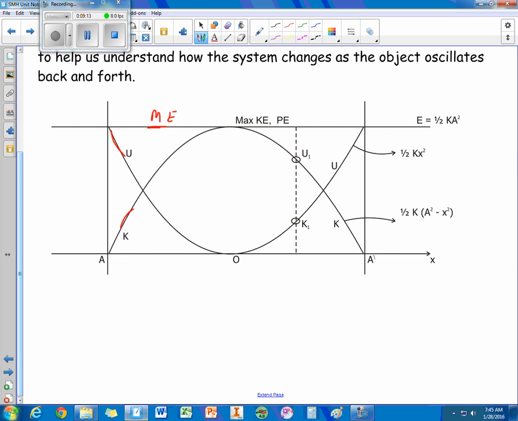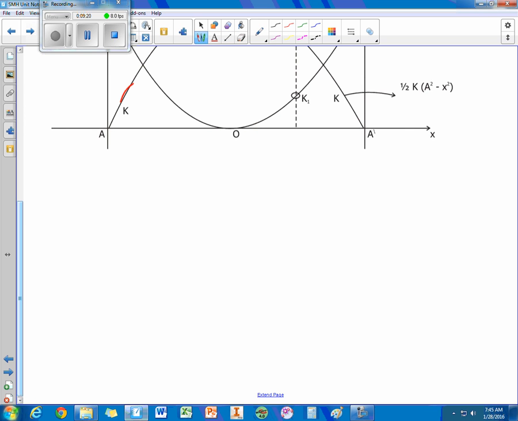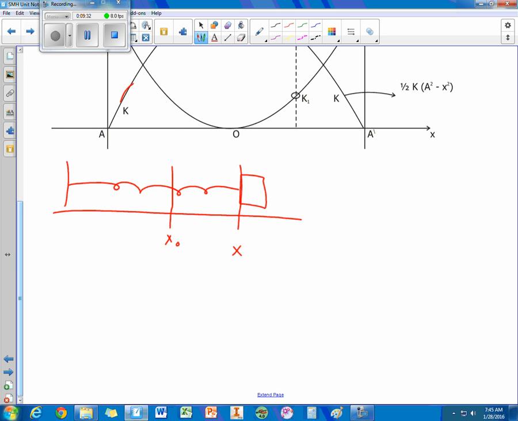So basically, depending upon the system, we can find its kinetic energy or its mechanical energy. So for example, if we have something like this, we know its starting potential energy equals 1/2 k delta x squared, and its starting kinetic energy equals 0.